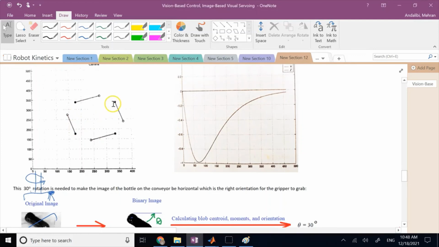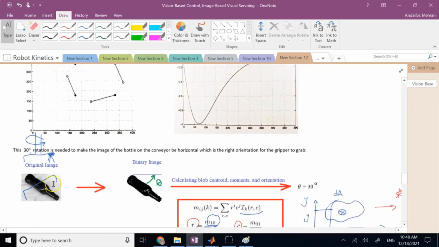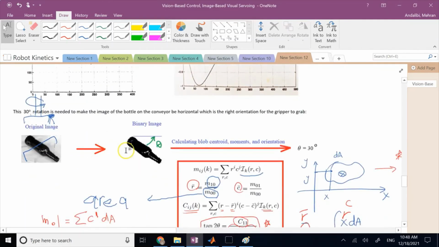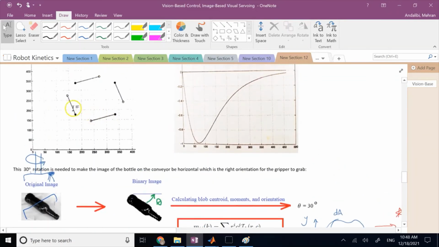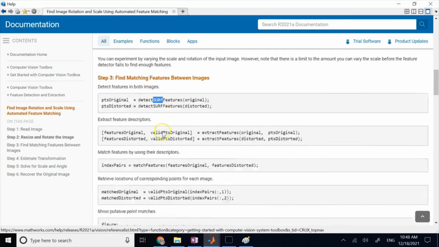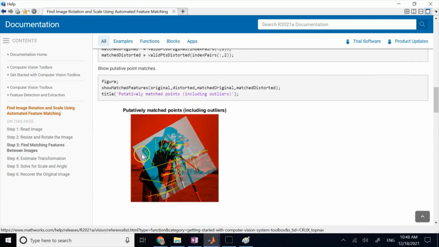These black ones are coming from what? The current image that you see. The white ones are coming from the ideal version of the image, which is laid horizontally. So if you have the ideal version of the bottle and the current version of the bottle, you can find these points through an algorithm like SURF or SIFT, right?